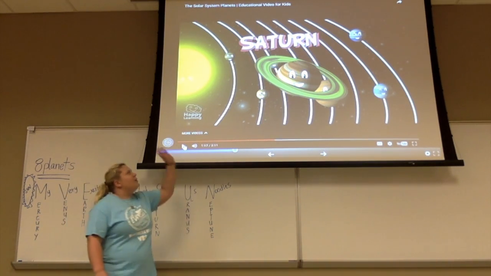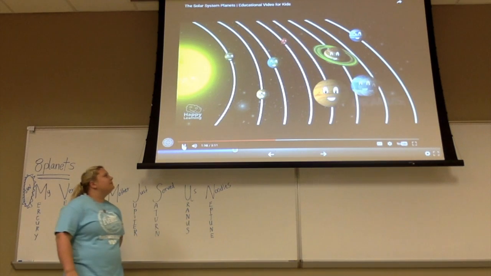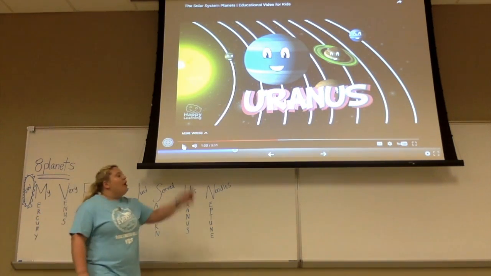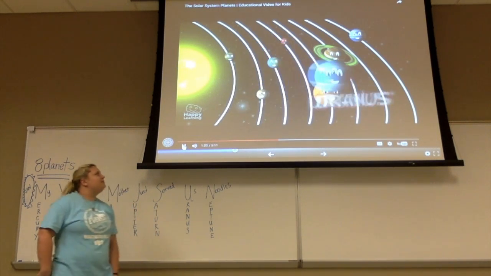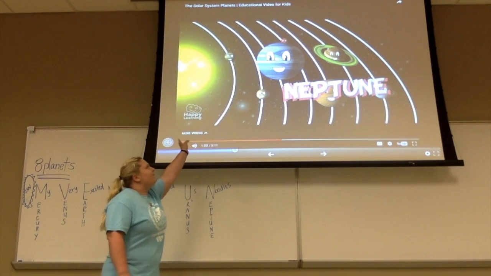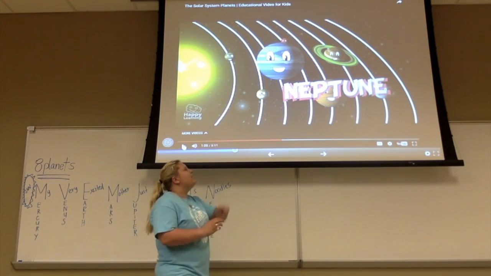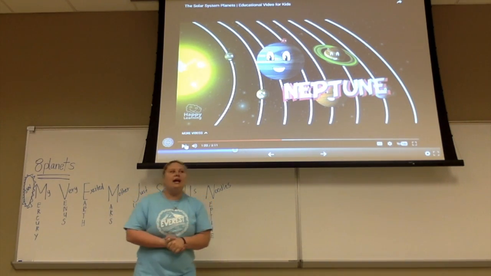Saturn. Saturn. Good. Uranus. Uranus. Good job. And then the furthest away is Neptune. Our last planet, furthest away from the sun, is Neptune. Neptune. Very good, guys.